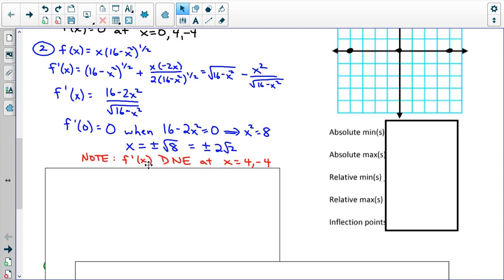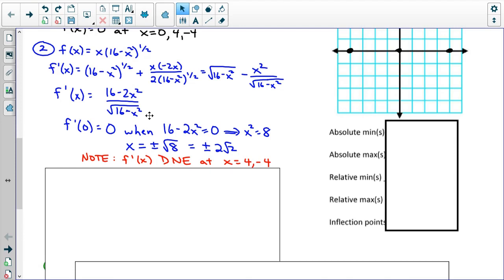Also note that f prime of x does not exist at the endpoints, because if you substitute in 4 or -4, it makes the denominator 0. So that's something to keep in mind. Since the derivative does not exist, that actually would be a critical point under normal circumstances.